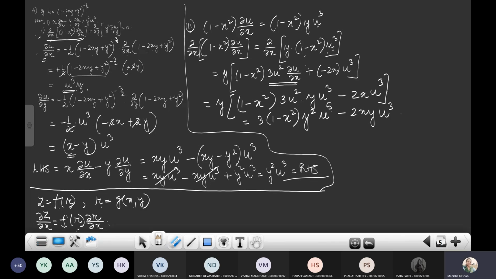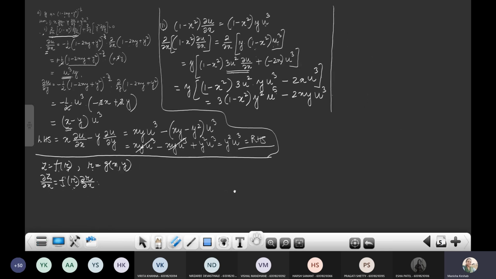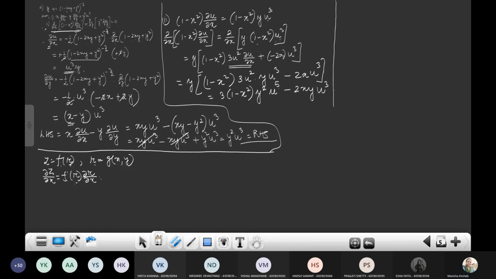Next we want to find y square into del u del y. So let us find that. Y square into del u del y is equal to y square into, what is del u del y? X minus y into u cube.